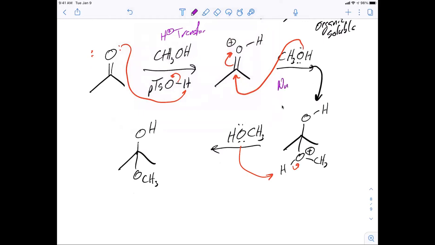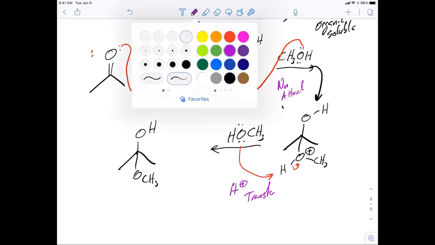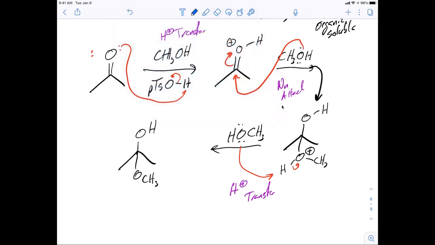We did a nucleophilic attack, right? Proton transfer. And then this species is an important one to note. This is a hemiacetal. And we'll see how these are important in a little bit.